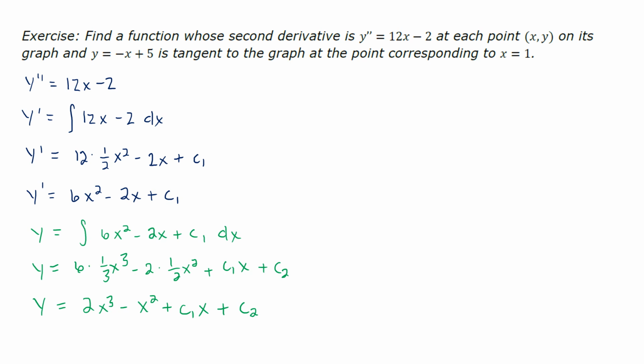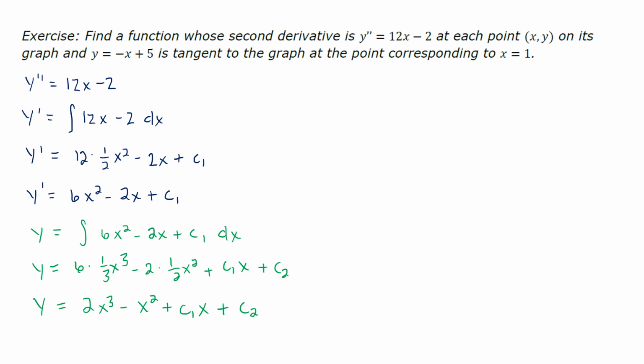Okay, well, in addition to knowing the second derivative of our function, we know that there is a tangent to the graph at y equals negative x plus 5.